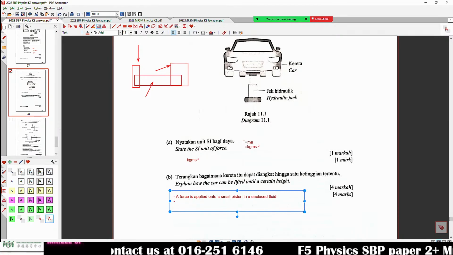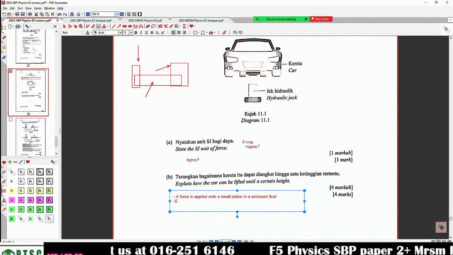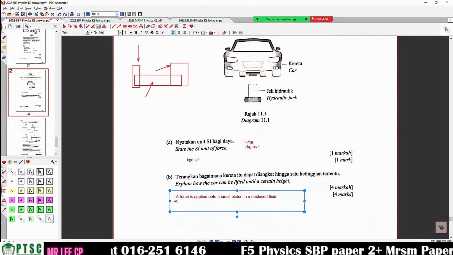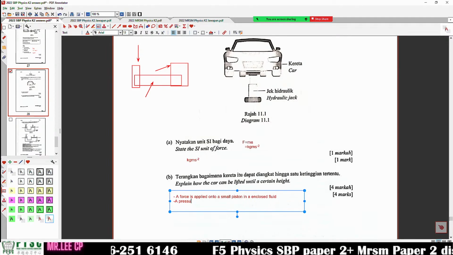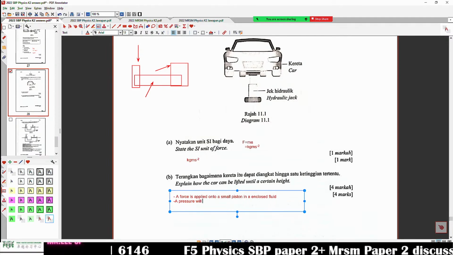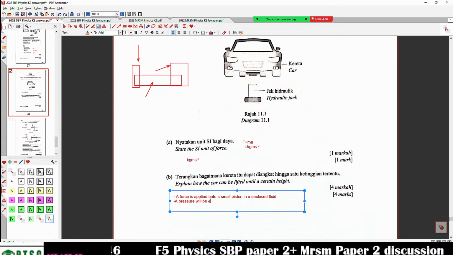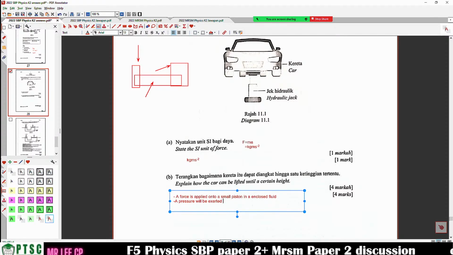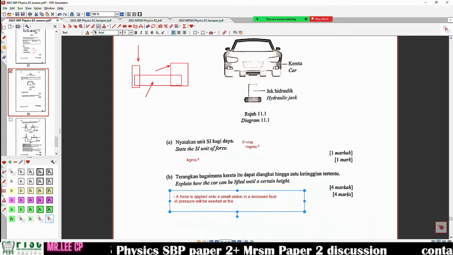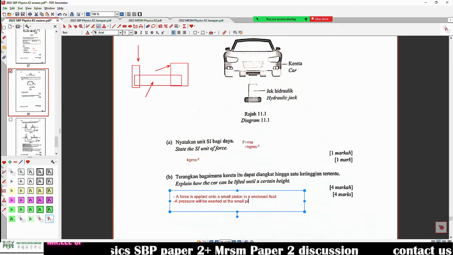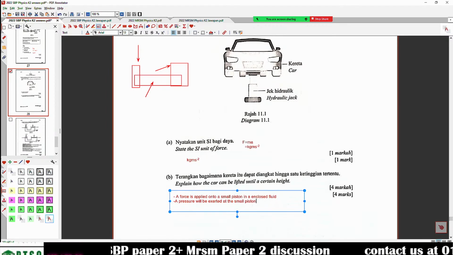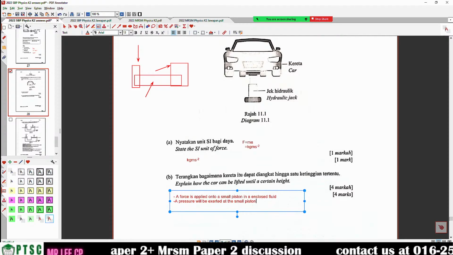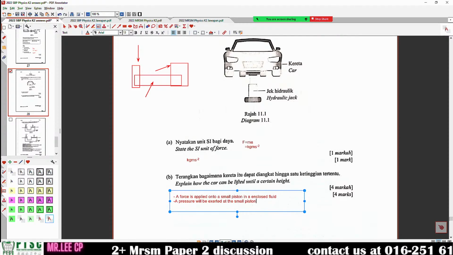Second one, right? Pressure will be exerted at the small piston. You press it, you get a pressure. You have a force, then you press it, then you get pressure.